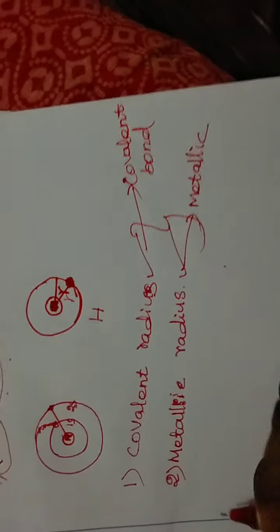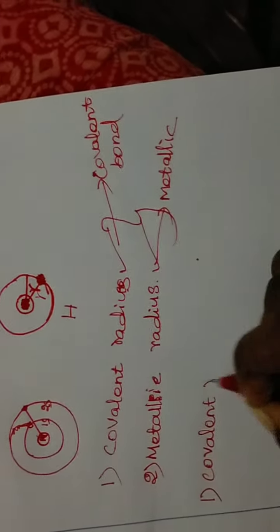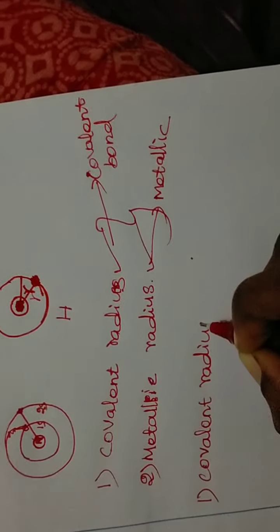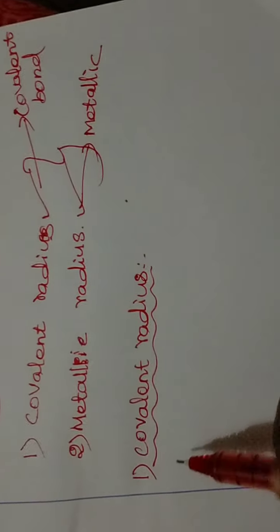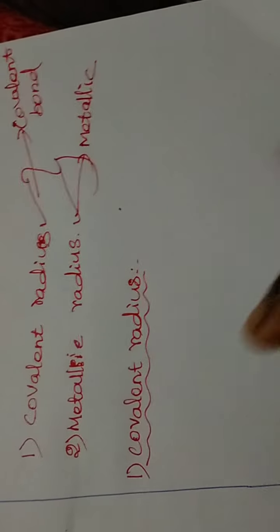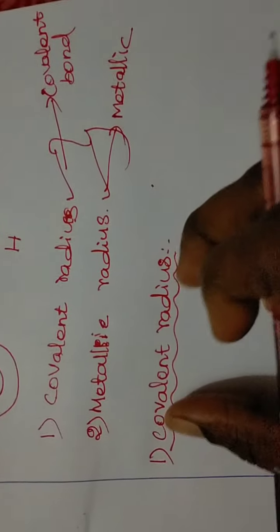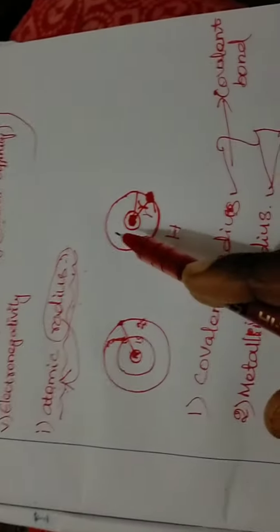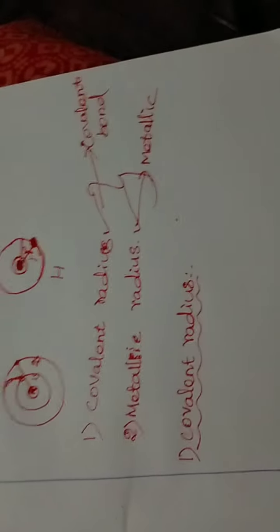What is the first type? The first type is covalent radius. As you already know, atoms linked together by a covalent bond use covalent radius measurement to find the atomic radius of that particular molecule or atom.